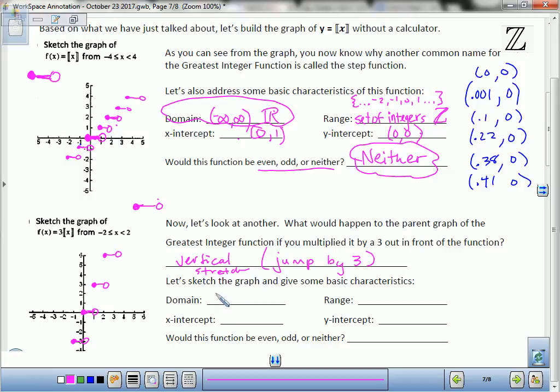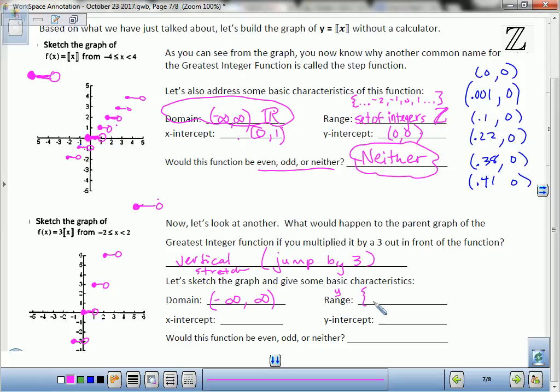All right, domain. There are no restricted x values. My domain is from negative infinity to positive infinity. Now, let's look at my range. I've got negative 3, I've got 0, I've got positive 3, and I've got positive 6. Because for the range, I'm looking at those y values.